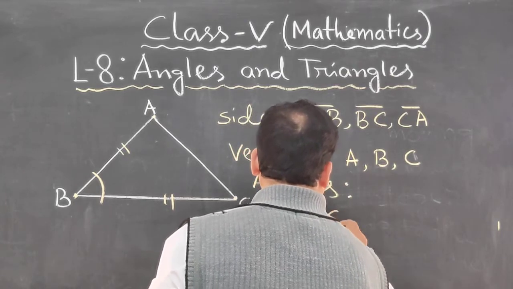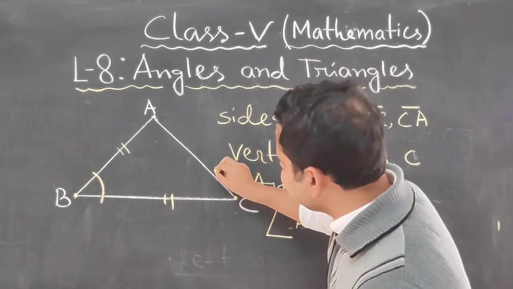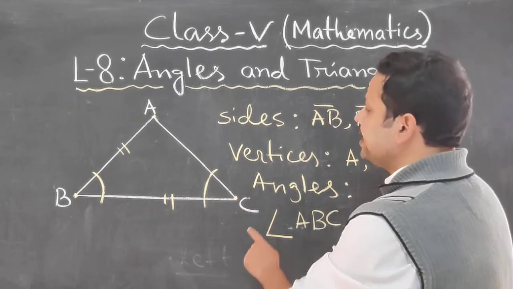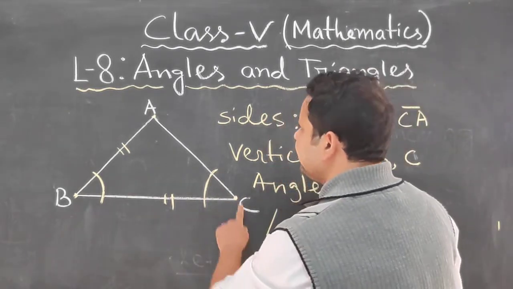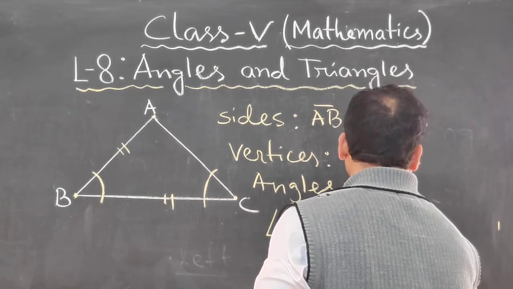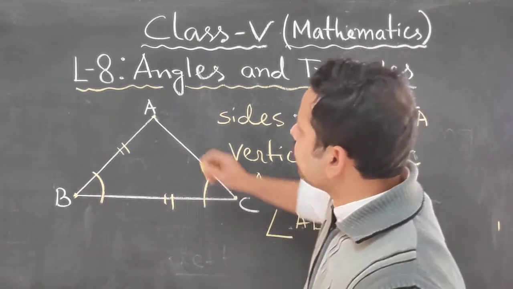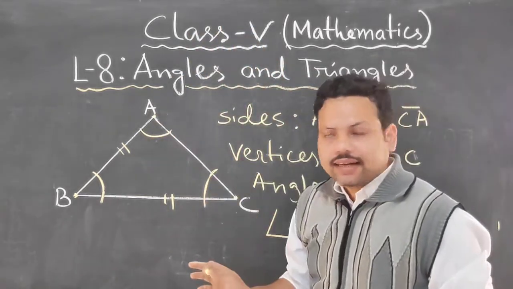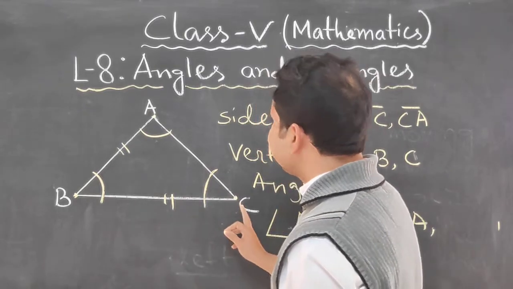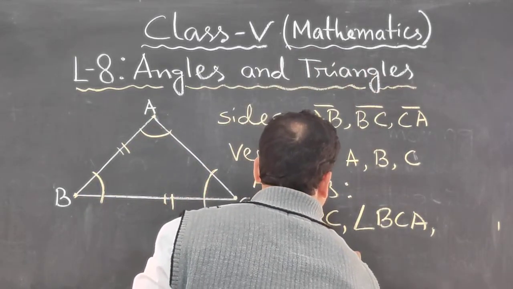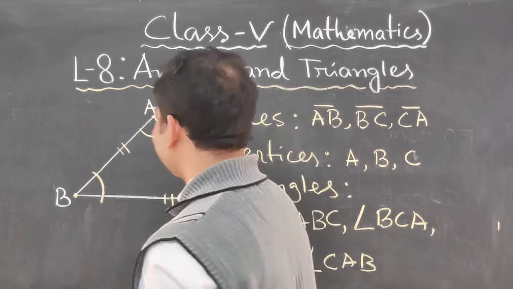Next angle, this one. So your vertex is C. That's why BCA. Next angle, BCA. Another angle is also there. Vertex A. So the angle name is CAB.